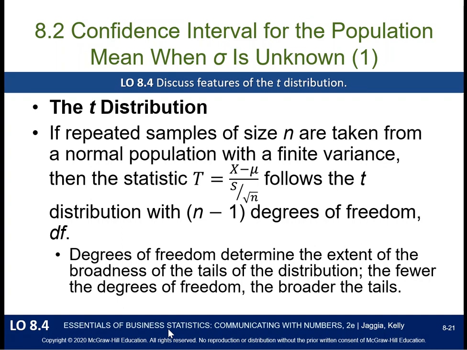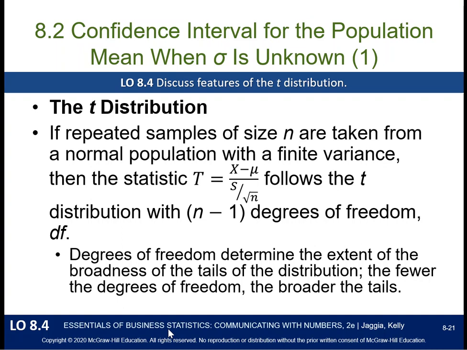So we know that, while we don't know it exactly, the population standard deviation is really 0.03, like it was in the cereal example that we were working in the first video.